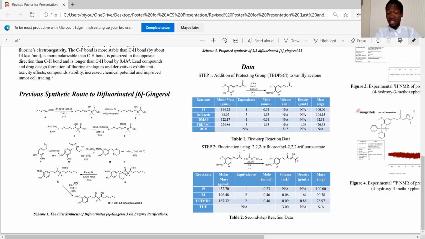The actual name of this compound is 2,2,2-trifluoroethyl 2,2,2-trifluoroacetate. Now, I started again with 100 milligrams of compound 19, which is this protected vanillyl acetone. And I used one equivalent. I used as well 2 equivalents of compound 24, which is the fluorinated compound. I also used 2 equivalents of the base. And then 3 milliliters of THF was used. And then again, in the analysis portion, the result will be announced.